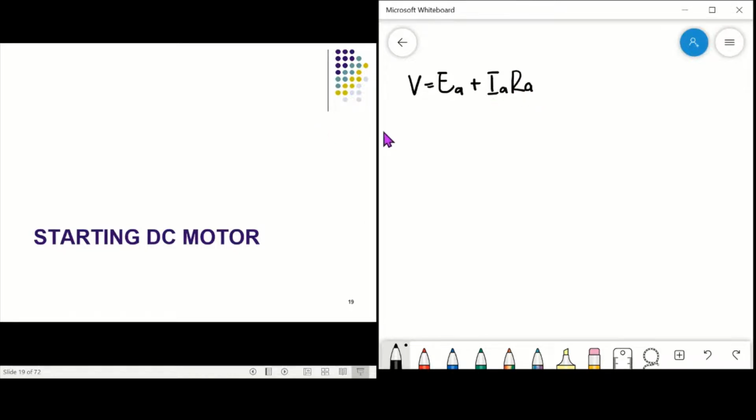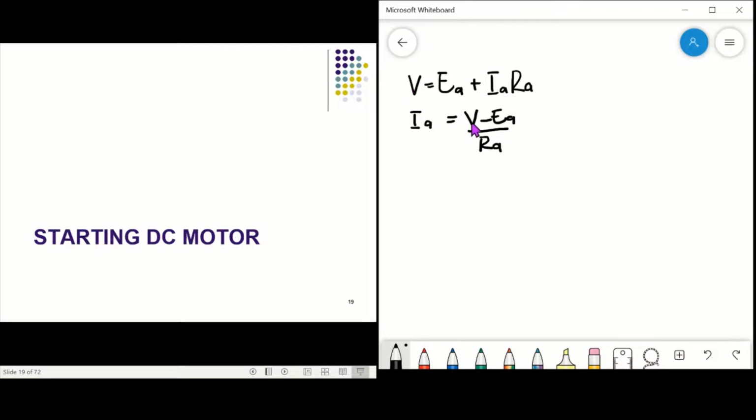So from this equation, IA = (V - EA) / RA.